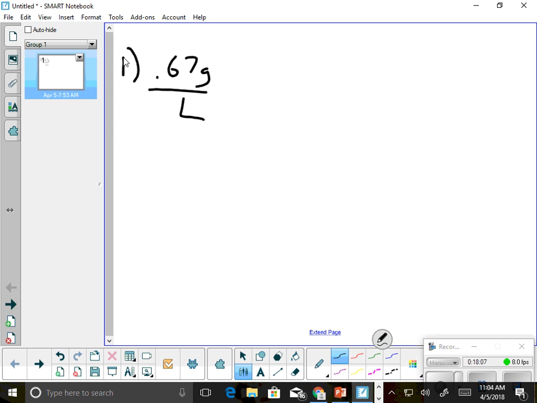I want to get to moles per liter, because moles per liter, recall, is molarity. If I want moles, I got to put moles on the top of my conversion, grams on the bottom in order to cancel out my units. If I look at my periodic table, 1 mole of calcium sulfate is 136.15 grams.